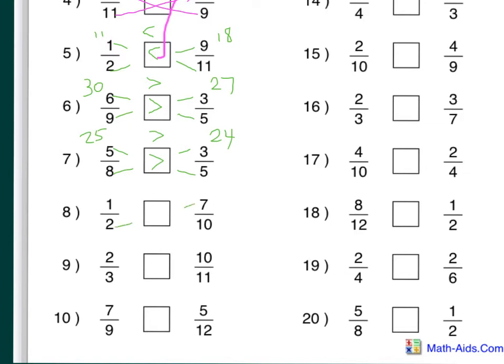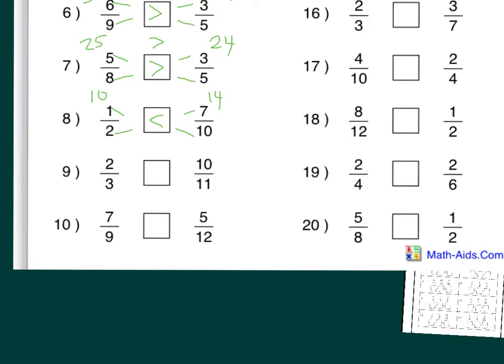Okay, 2 times 7 is 14. 10 times 1 is 10. 10 is less than 14, so 1/2 is less than 7/10. 3 times 10 is 30. 11 times 2 is 22. 22 is less than 30, so 2/3 is less than 10/11. 9 times 5 is 45. 12 times 7 is 84. 84 is greater than 45, so 7/9 is greater than 5/12.